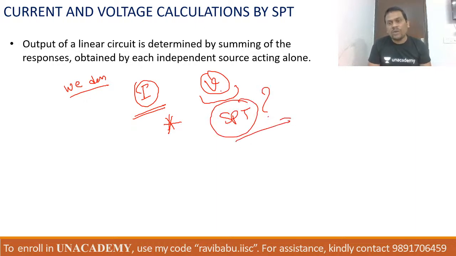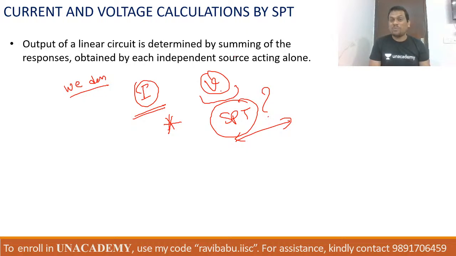I will tell you in which cases. In some special cases, superposition is not applicable to calculate current and voltage. But these examples are considered ideal examples, okay? And in practical life, this will never apply.